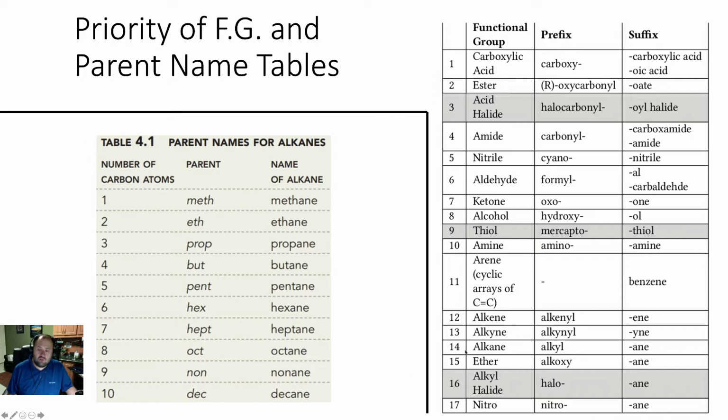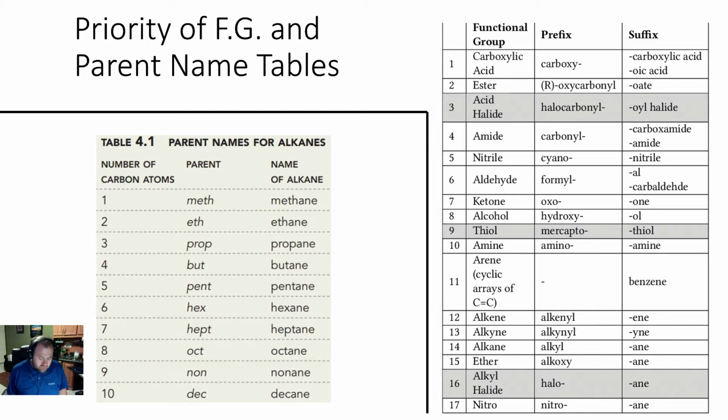Your functional groups are really from carboxylic acid down through alcohol, down really to amine, but really we're not going to do any of these here because I don't really consider them functional groups, particularly with respect to you memorizing them, but they're not with respect to how you end the molecule, the suffix.